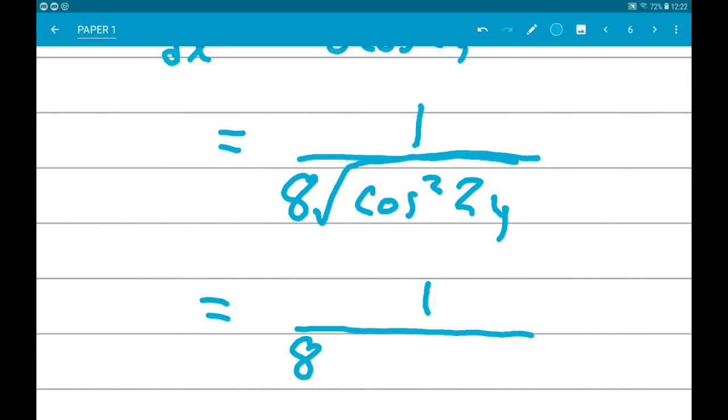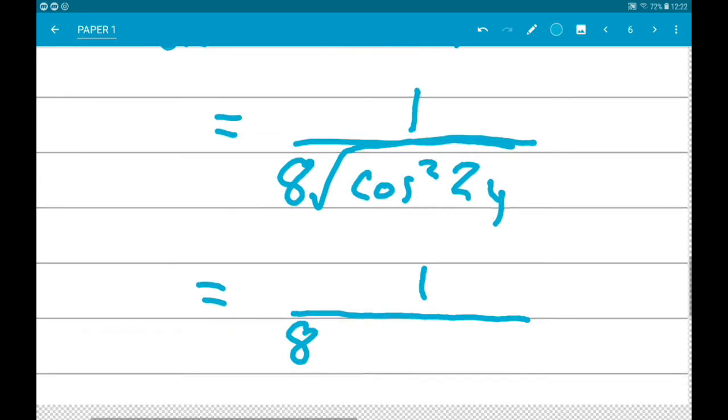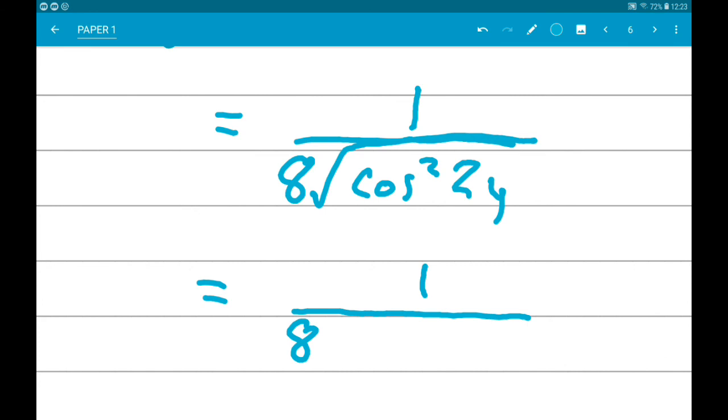So we have 1 over 8 times the square root of 1 minus sine squared 2y.